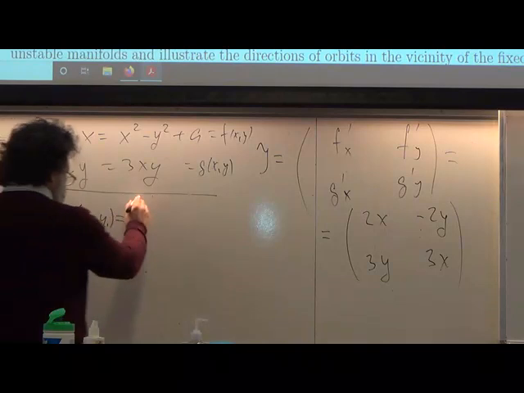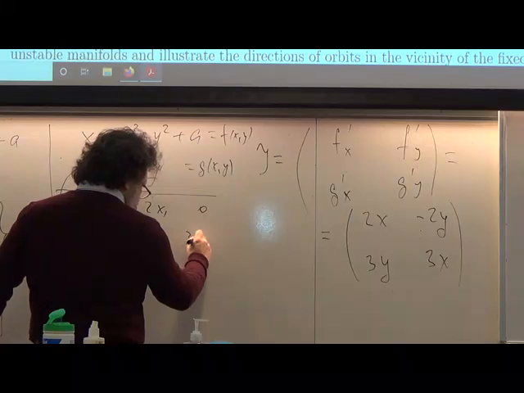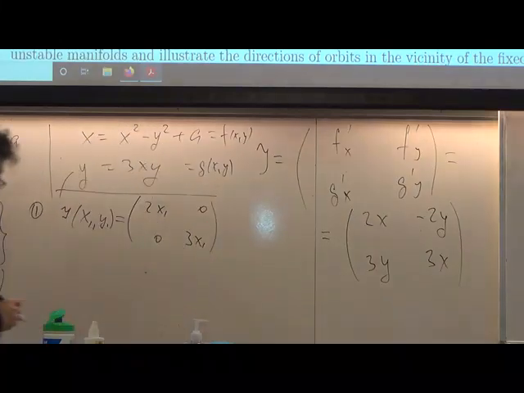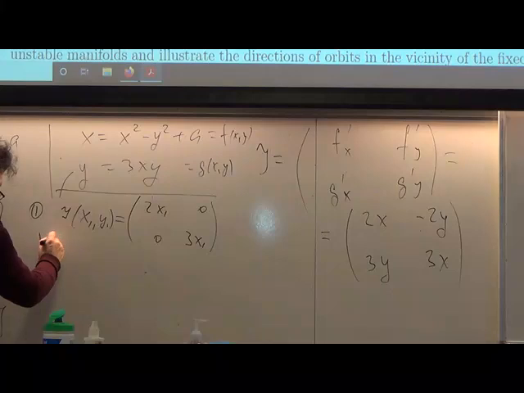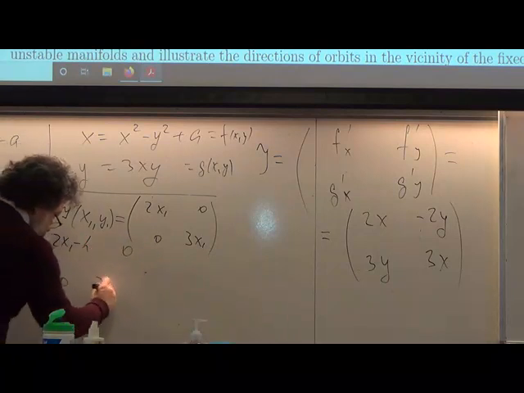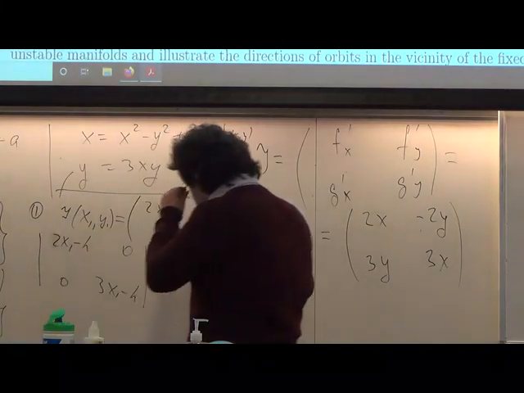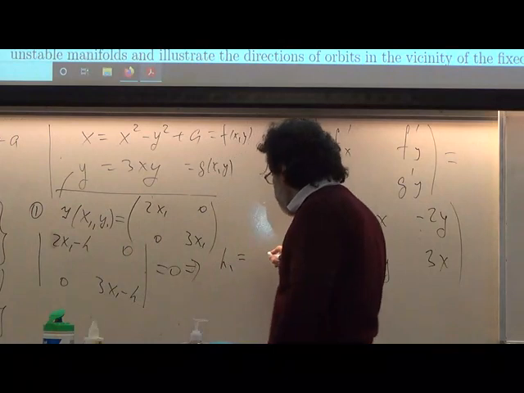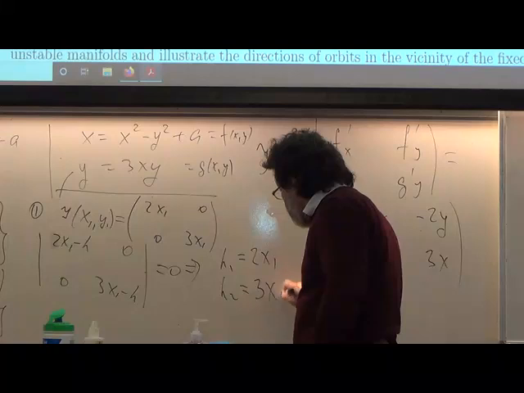This will be 2x1, 0, 0, 3x1. For the eigenvalues: 2x1 minus lambda, 0, 0, 3x1 minus lambda equals 0, and from here we find that lambda 1 equals 2x1 and lambda 2 equals 3x1.